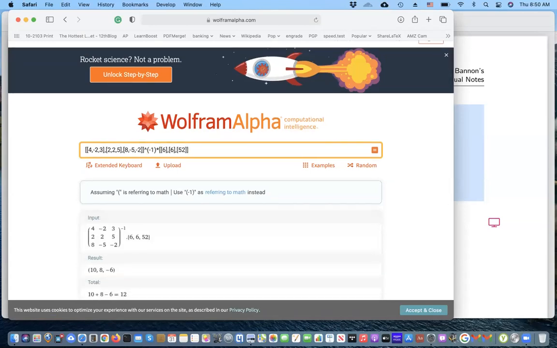It's going to give me the triple X, Y, Z. And the triple appears to be 10, 8, and minus 6. X is 10, Y is 8, and Z is minus 6. Worked out beautifully.